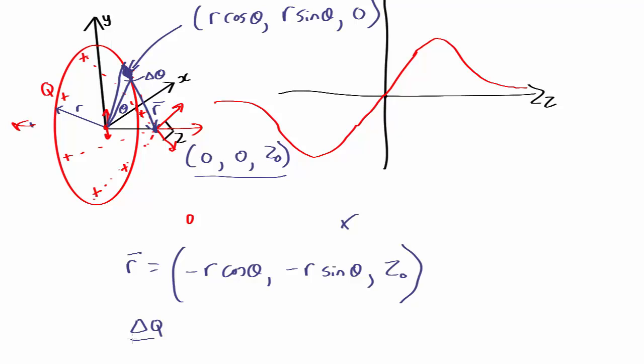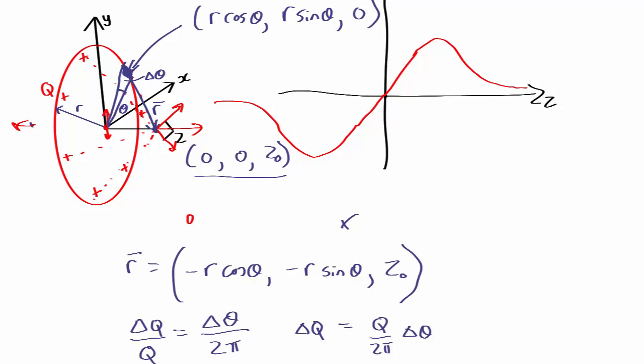So delta Q over the total charge has got to equal delta theta over the total angle, which is 2 pi in radians. So if delta theta is 1% of the total angle, it's going to have 1% of the charge. So it's pretty straightforward. So delta Q, the charge of that little segment over here, is just going to be Q over 2 pi delta theta, the little angle in here.